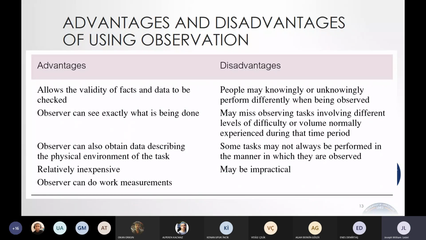Another advantage is that it can allow for the validity of facts to be checked. Just because someone says that the system operates a certain way or that there are certain problems doesn't always mean they are accurately reporting. We don't always accurately report things. So we can observe and verify, yes, that is actually how it works. We can see more exactly what is being done.